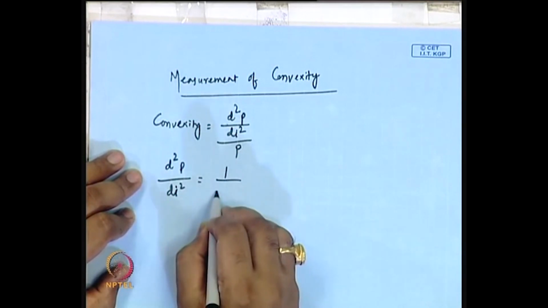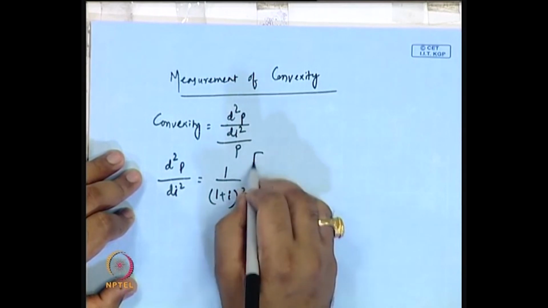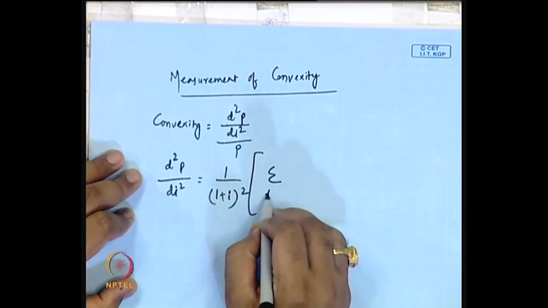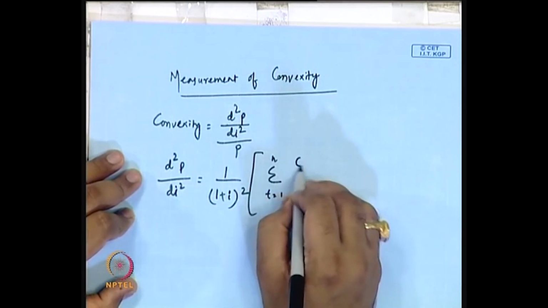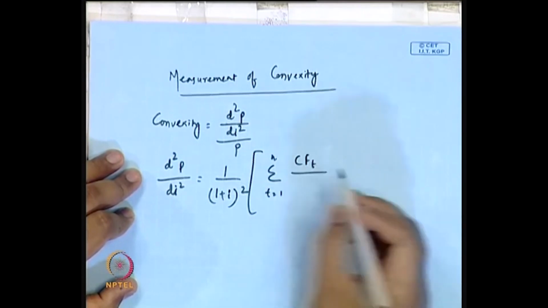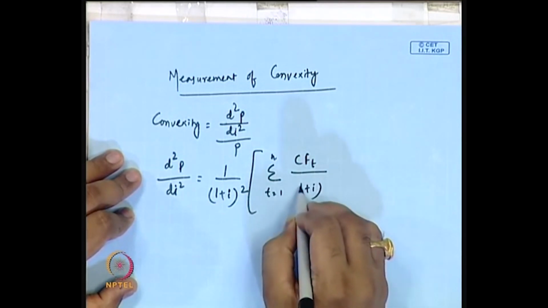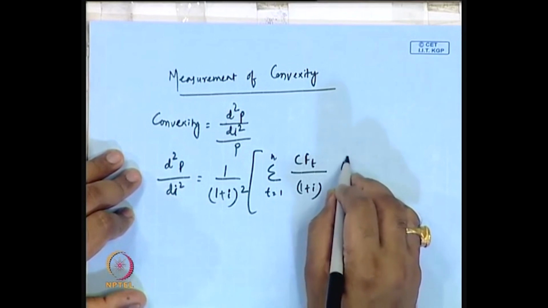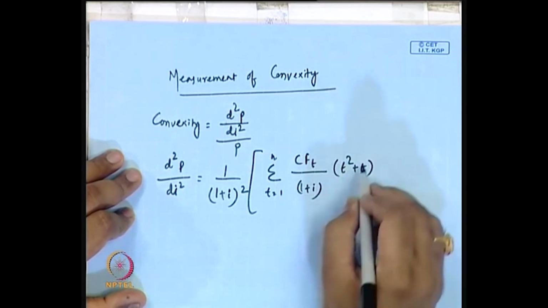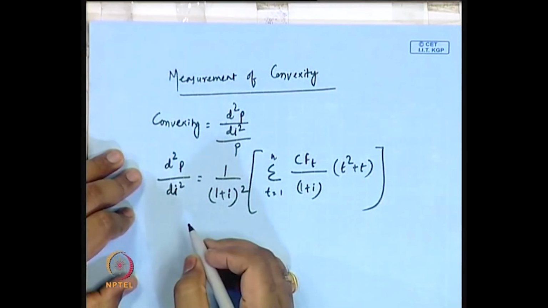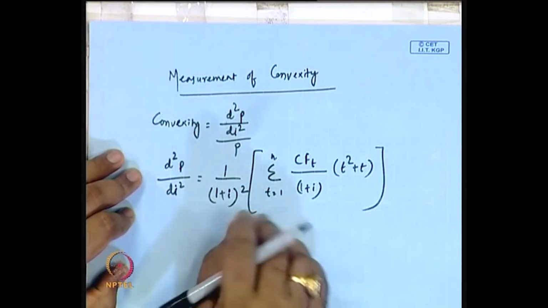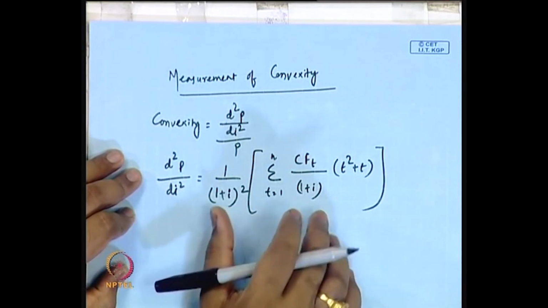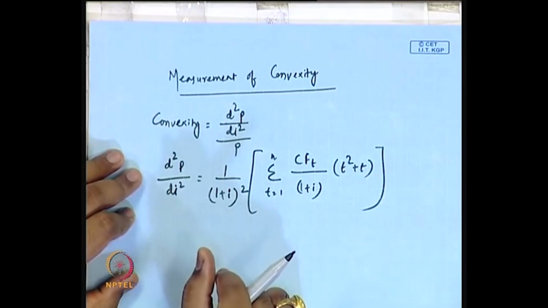it is 1 by (1 plus i) square, then you take t equal to 1 to n, cash flow t times the present value, 1 plus i to the power t, into t square plus t. If you calculate this derivative, you can get this.